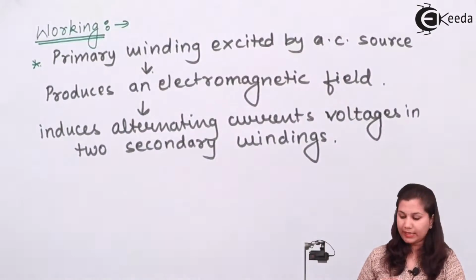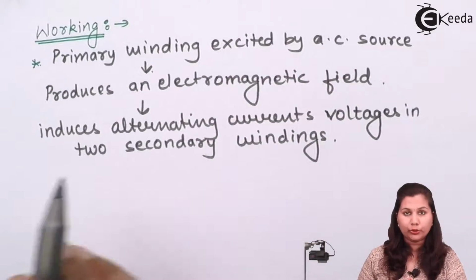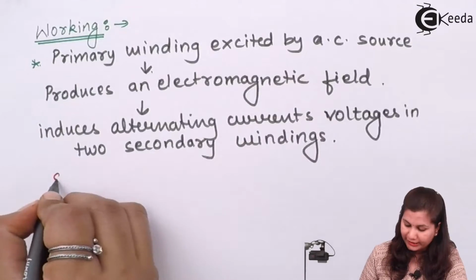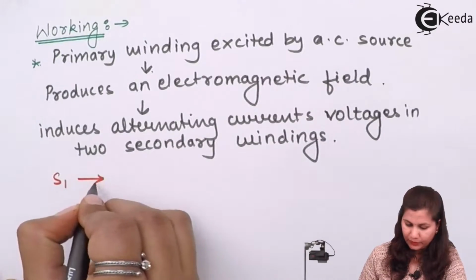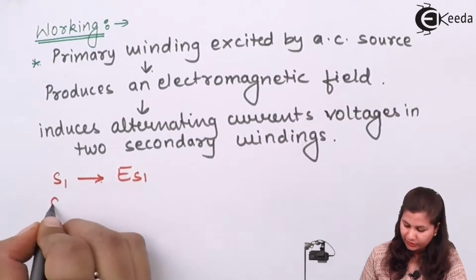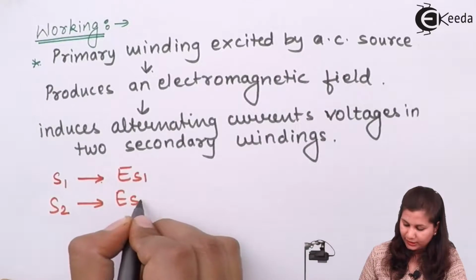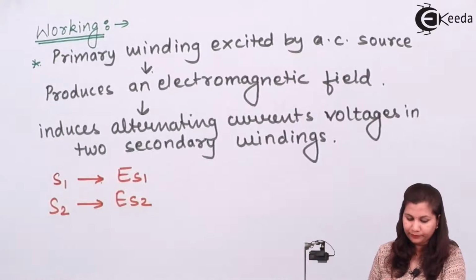Now let us suppose that the alternating current voltage induced in the two secondary windings is ES1 for the secondary winding S1, and ES2 for the secondary winding S2.